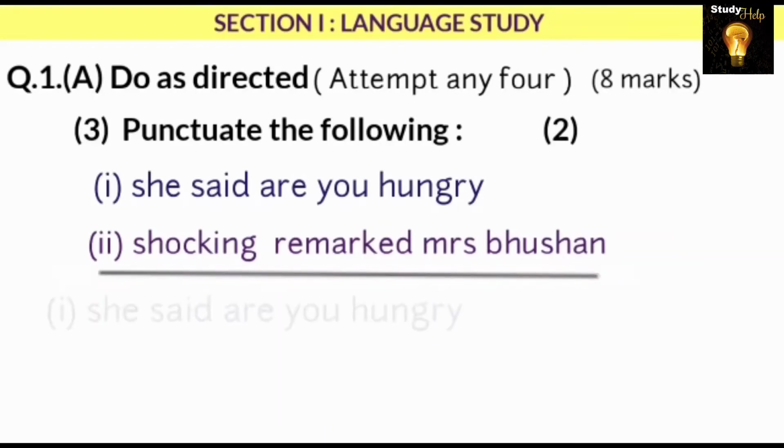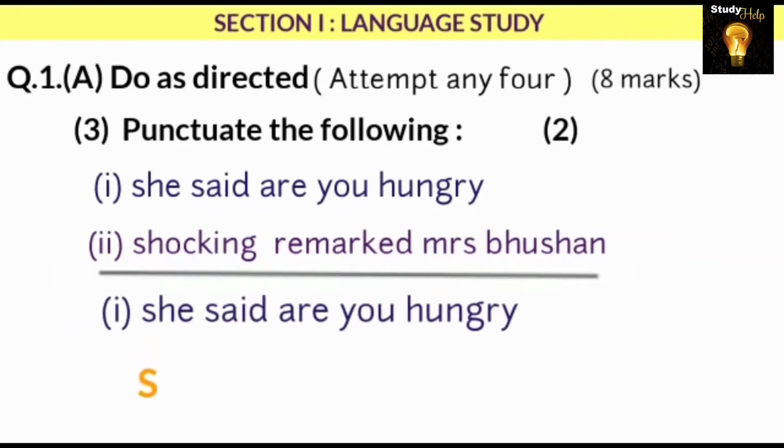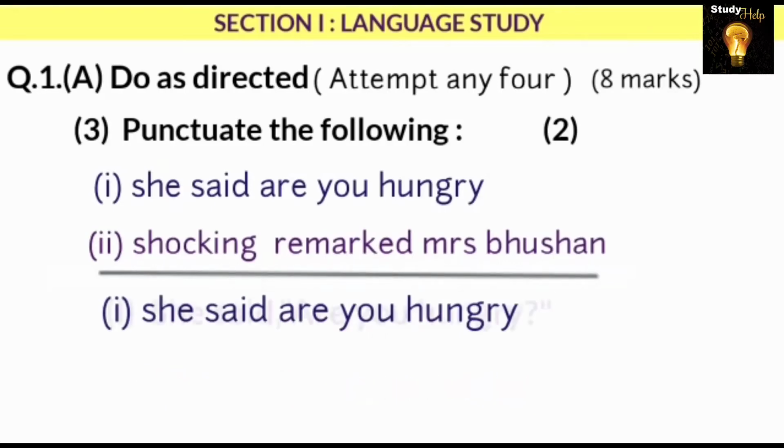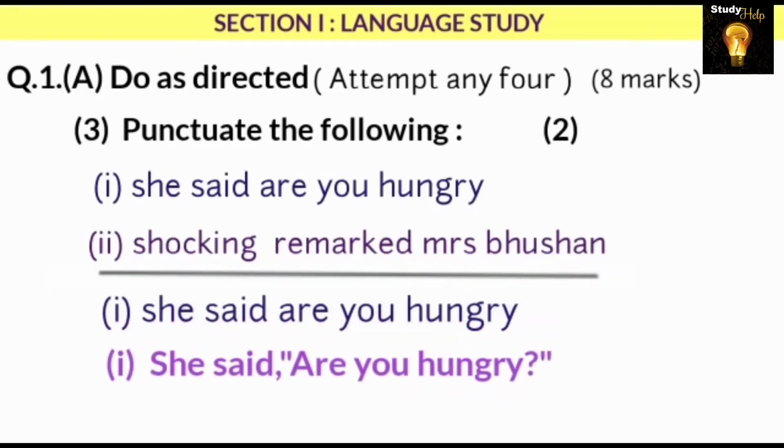And second sentence, shocking, remarked Mrs. Bhushan. She said, this is the sentence, the beginning letter must be capital. She said, that means the reporting verb is there, therefore comma should be put there. Then quotation marks and beginning letter in the quotation also capital. Are you hungry? Question, and then quotation marks is complete. In this way, she said, "Are you hungry?"